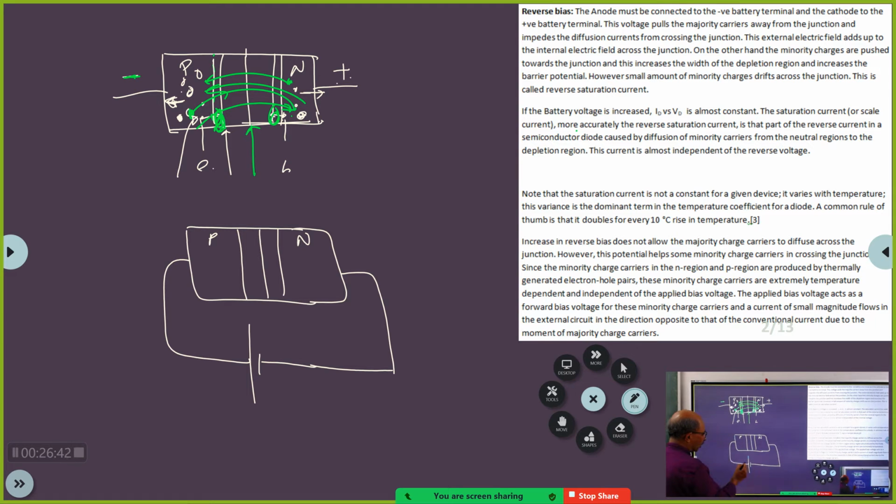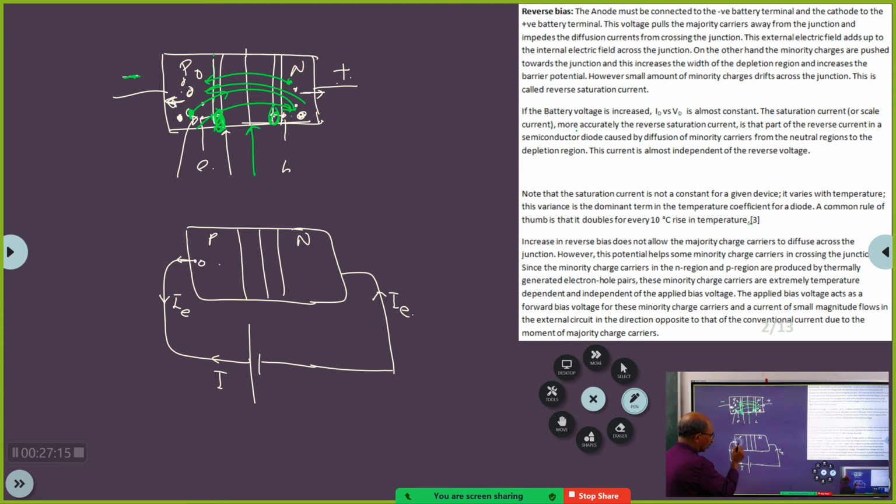Now you see, this positive plate, it will draw electron current. The electron current is like this because the conventional current will flow like this, but it is the electrons which are coming out like this. You understand? Yes, sir. So here you see, if an electron is pulled like this, that means now from this substrate you are pulling an electron.